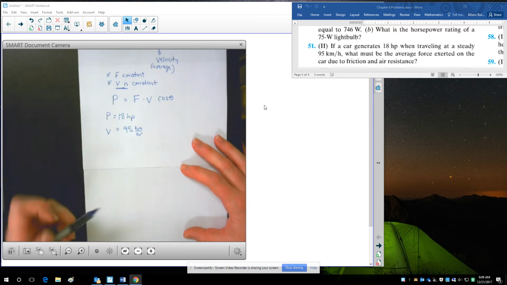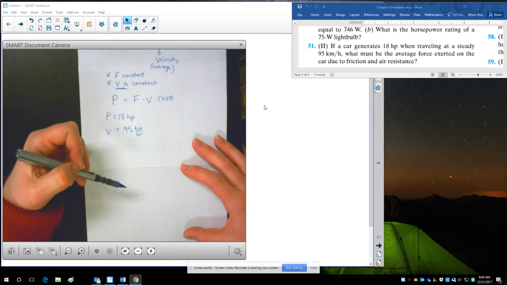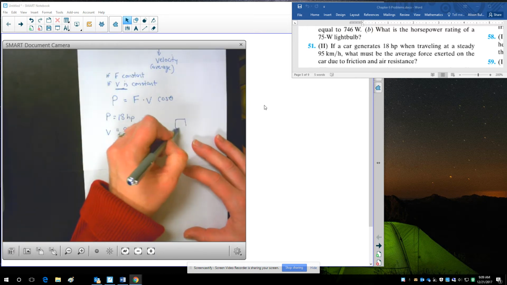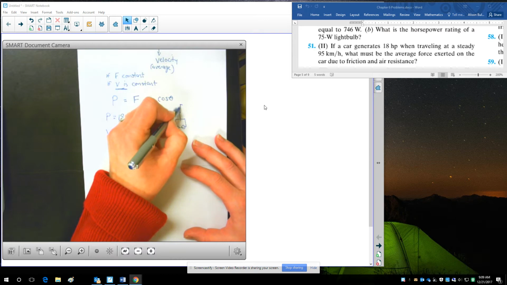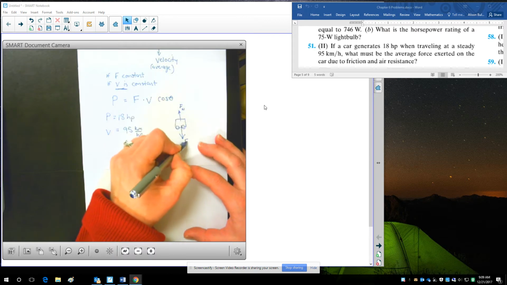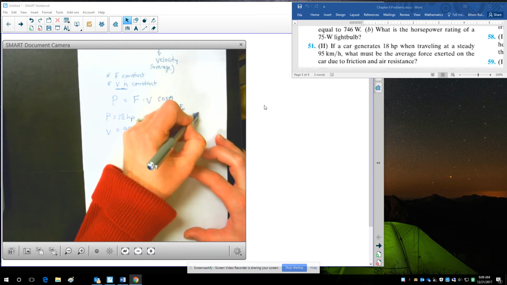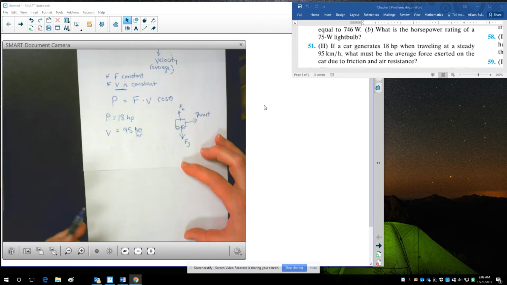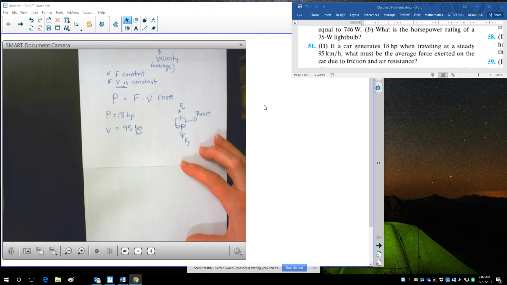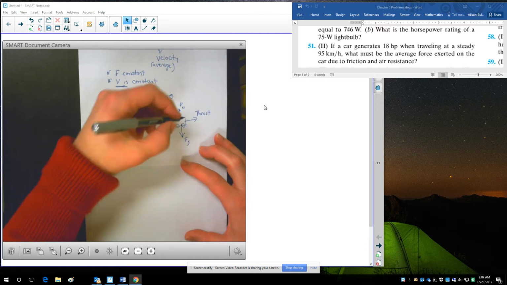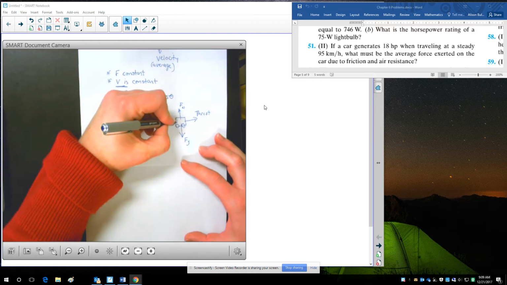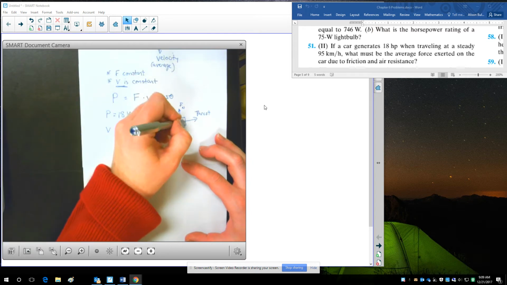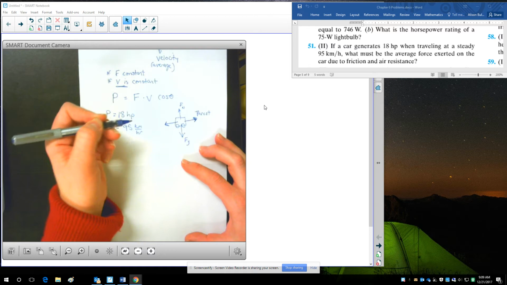Well, I know that the engine is essentially thrusting the car forward, right? The forces on the car are the normal force, the pull of gravity, and the thrust of the engine, which is more complicated than just a push forward, but essentially the net force of the engine and the tires and the friction on the road is forward. But that's more complicated than we need it to be. We can model it as a sort of jet engine thrust forward.